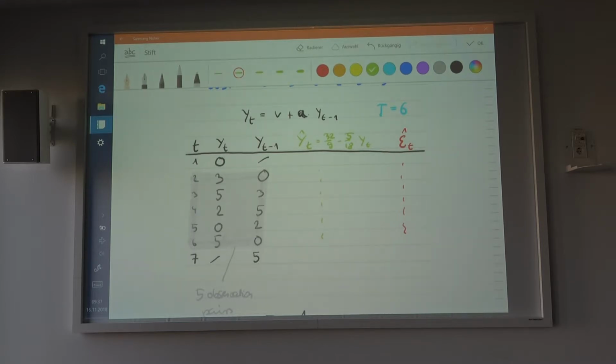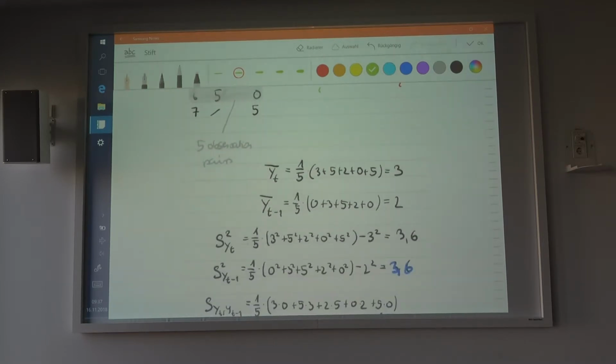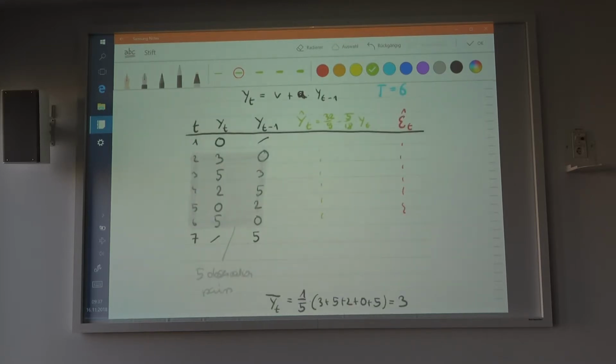Then you can see yourself that the sample means are equal. The sample mean of the total parts of y is going to be equal to 3. The mean of the explained part is also equal to 3.